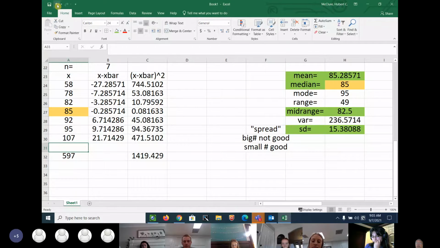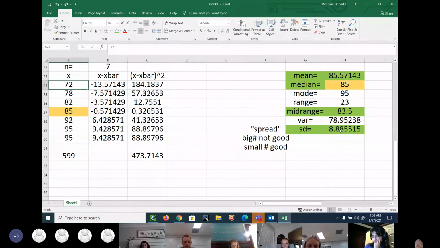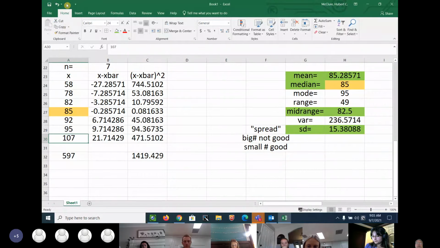There are my numbers. I had 8.85. Thank you, Miss Newsom. And then when I change those two, it got bigger. The standard deviation says you got some numbers in there that are not in line with the other numbers. Look at the mid-range, median, and mean. What happened there? Not much.